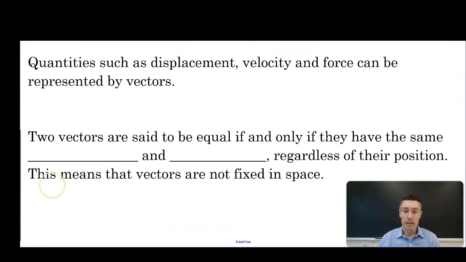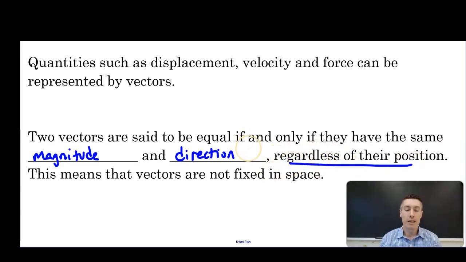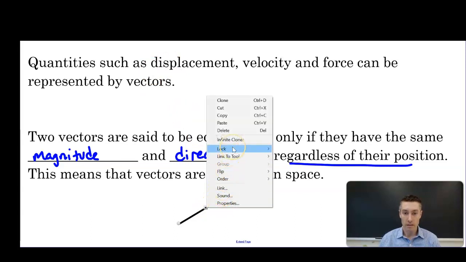Now, two vectors are said to be equal if and only if they have the same magnitude and direction, regardless of their position. So this is important here. And that means that vectors are not fixed in space. So if we draw a vector, and let me make it so I can duplicate this.